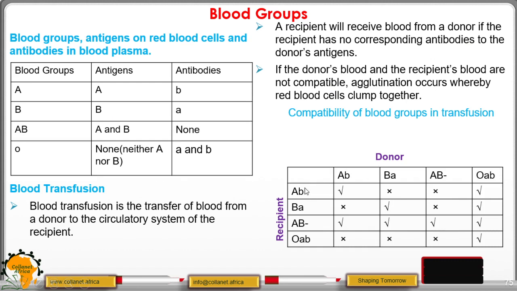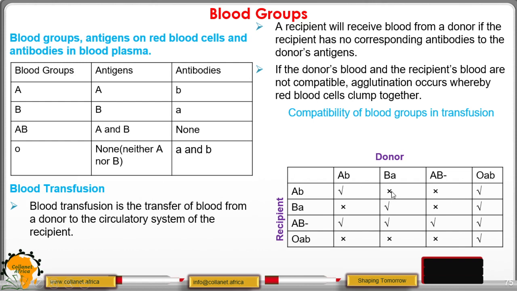So look at this table. This is the recipient, or the person going to receive the blood, and this is the donor, the one giving out blood. So this person, the recipient, is having blood group A. That means the antigen is A. Of course, the antibody will be b. So the donor is blood group A. That means it is okay for this blood transfusion.